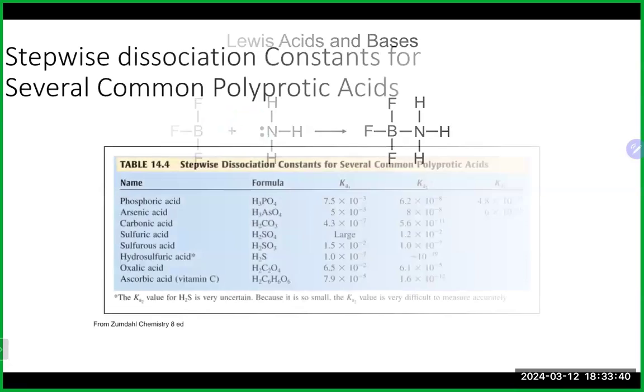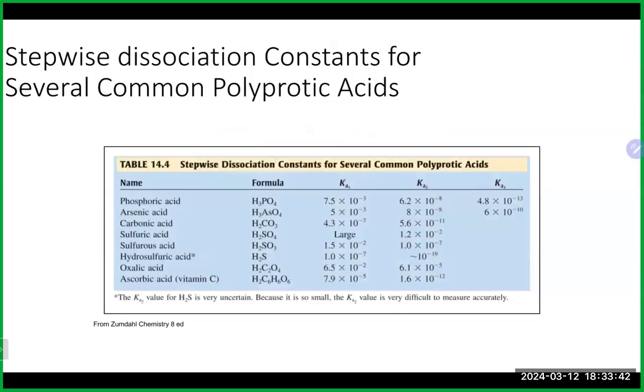All right, so last thing we're going to talk about in this chapter is our friend polyprotic acids. Polyprotic acids are acids that have more than one hydrogen to give. Now, by the way, the hydrogens do come off in a stepwise fashion. They do not lose all the hydrogens at once. So, for example, we have something like HCl, that is a monoprotic acid, right?